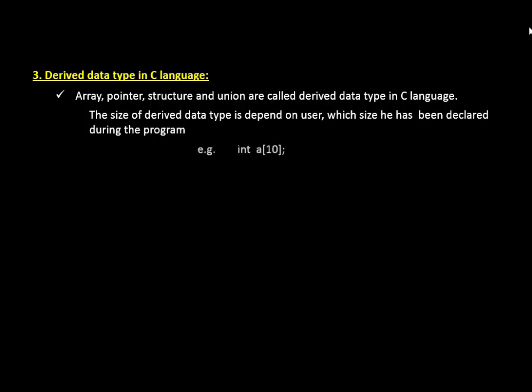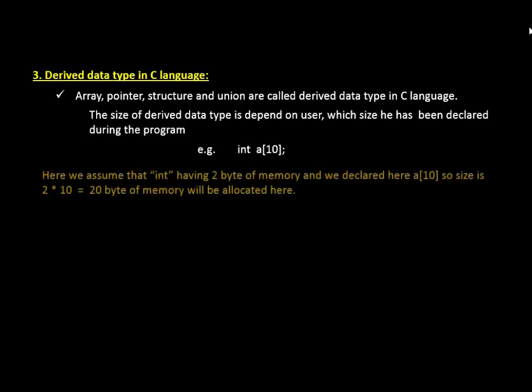For example, if he declares int a[10] as an array, here we assume that an integer has 2 bytes of memory and we declare a of 10. So the size is: an integer has 2 bytes, so 2 into 10 is the size of the array. So 20 bytes of memory will be allocated here.